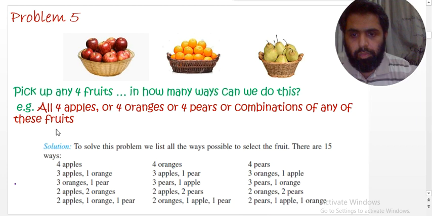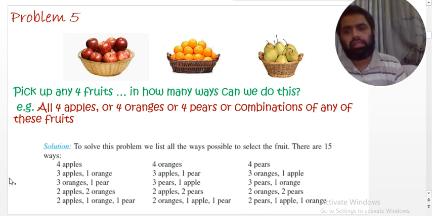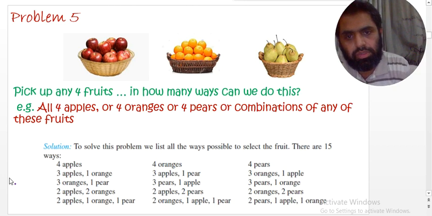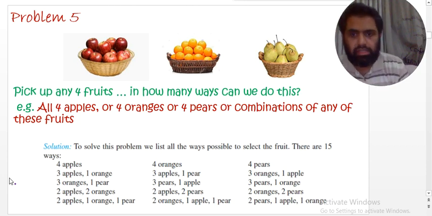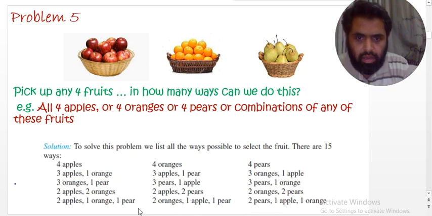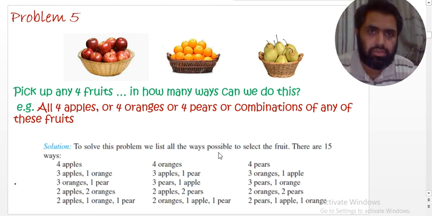These are all possible ways to pick 4 fruits. In other words, these are all possible solutions to our equation apple plus orange plus pears is equal to 4, or x plus y plus z is equal to 4. We can count these: 1, 2, 3, 4, 5 into 3, so in total there are 15 possible solutions.